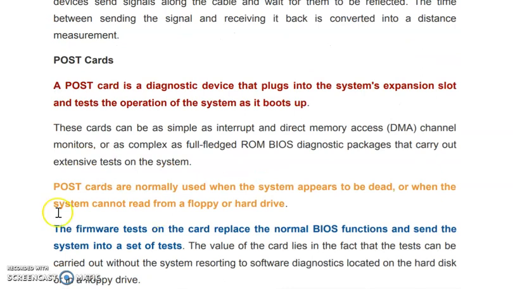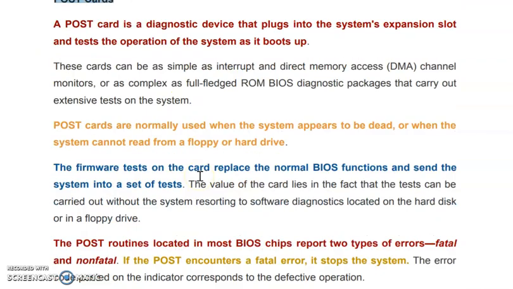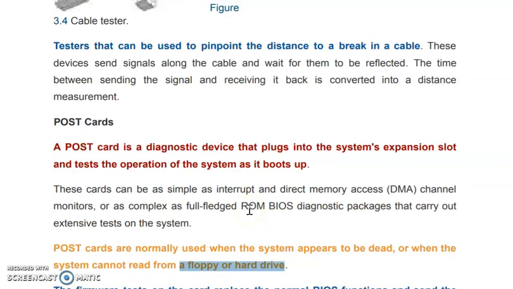Then the fourth component is the postcard. It is just like a BIOS diagnostic package. It is used to identify whether the system appears to be dead, and normally if the system cannot read from the floppy drive or the hard drive, then in that case these cards are used.